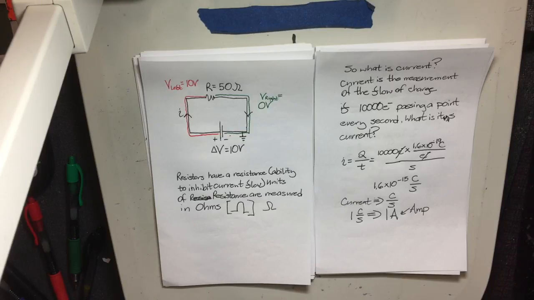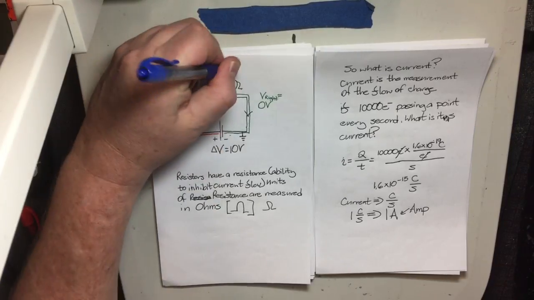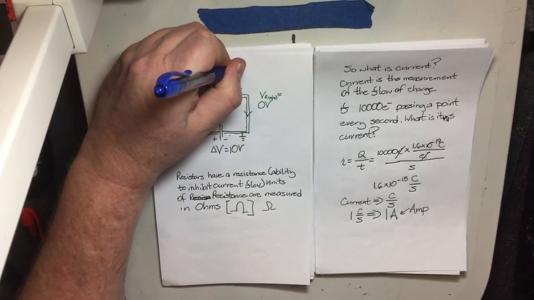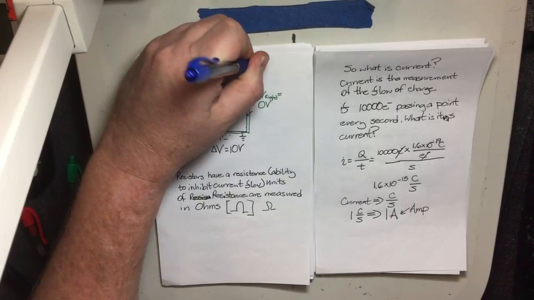Just as I say that, the batteries are a lot like water wheels. It takes the water and lifts it up to the higher part of the room. The resistors, the analogy that I use for them, are like waterfalls. It falls downhill. So, batteries, water wheels, resistors, waterfalls.